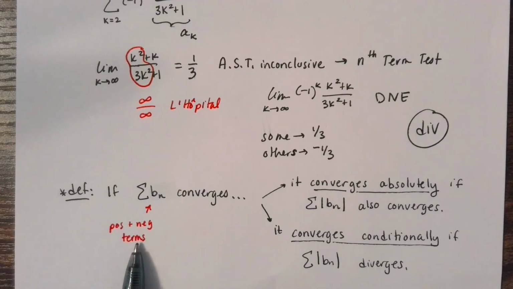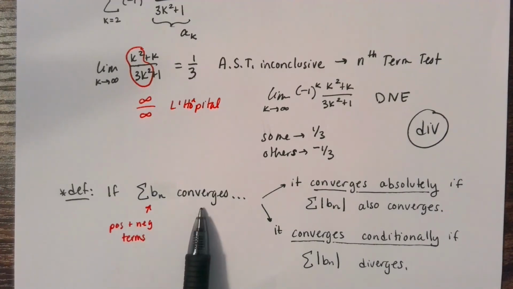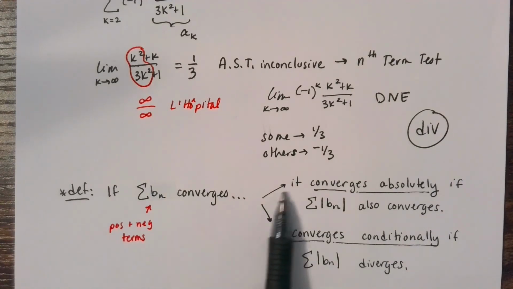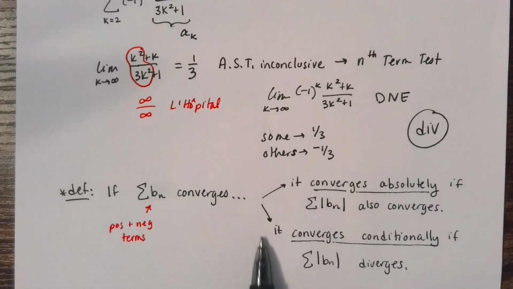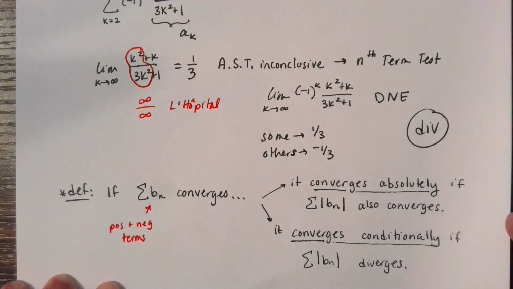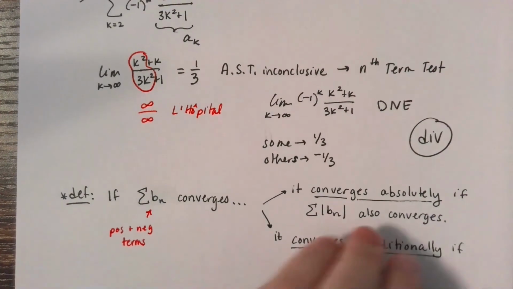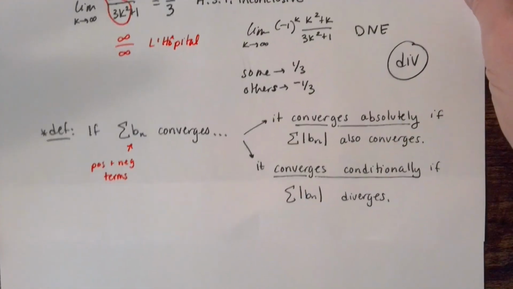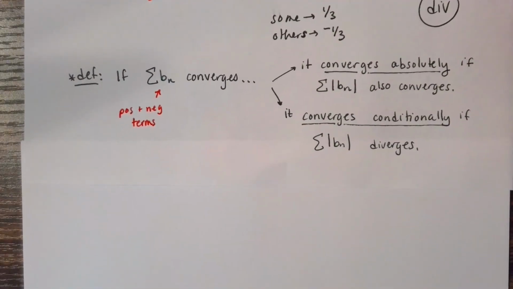So if you have an alternating series and it converges, usually you're asked not just to decide whether it converges, but if it converges, decide if it's absolute convergence or conditional convergence. We'll do a couple of simple examples here to practice these vocab words. So we'll keep that definition with us and move on to another page.